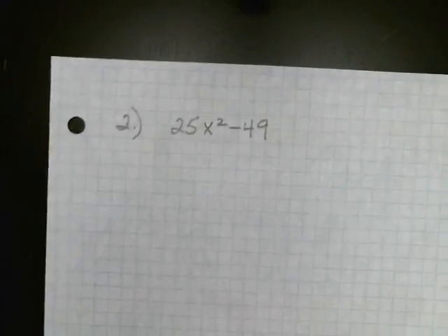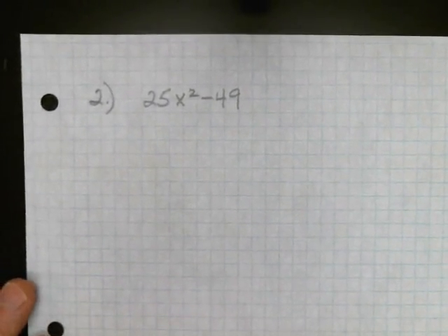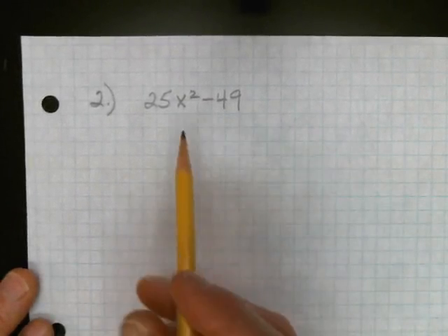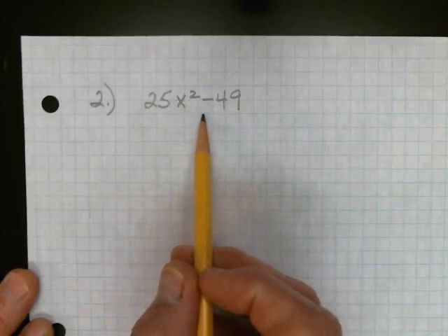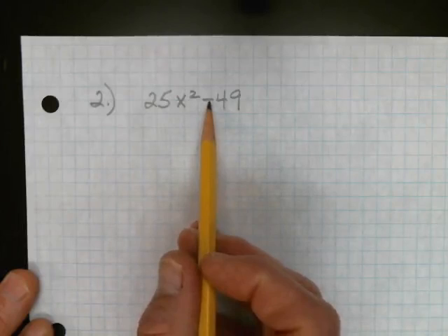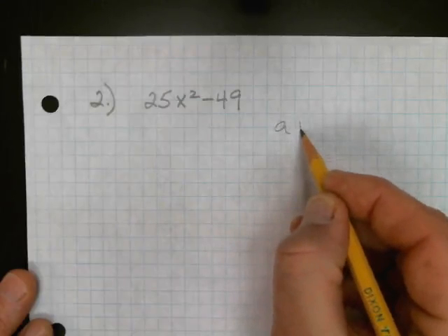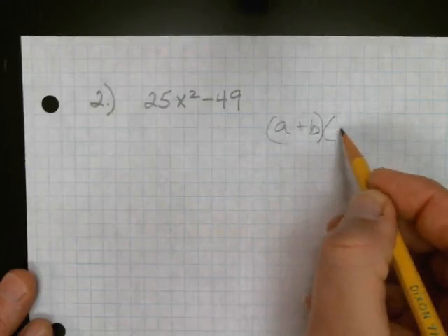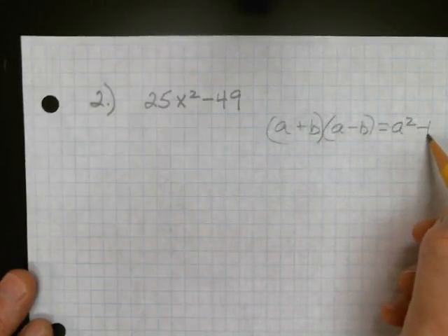Here's one where it jumps out to me right away that I have perfect squares. I have 25x squared and 49. As a matter of fact, there is no middle term. This is subtraction, so it's a situation like a plus b times a minus b equals a squared minus b squared.